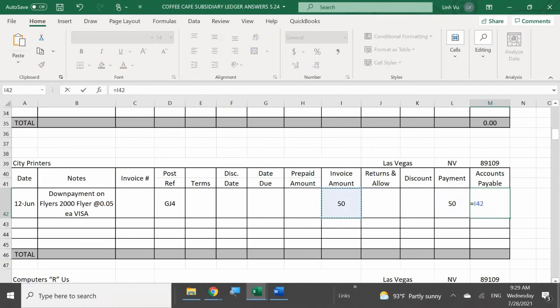Once again, the formula is invoice amount, subtract any prepaid, subtract your returns, subtract your discount, subtract your payments. So right now, we do not owe City Printers anything. We paid for whatever we needed to pay for. Now, they owe me service because this is a prepaid account.